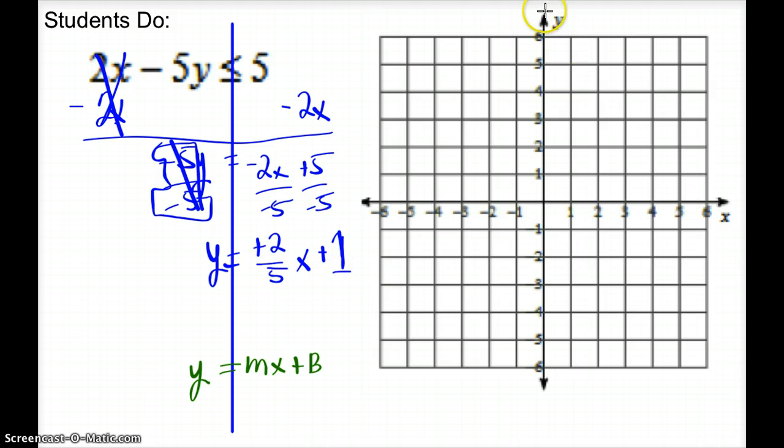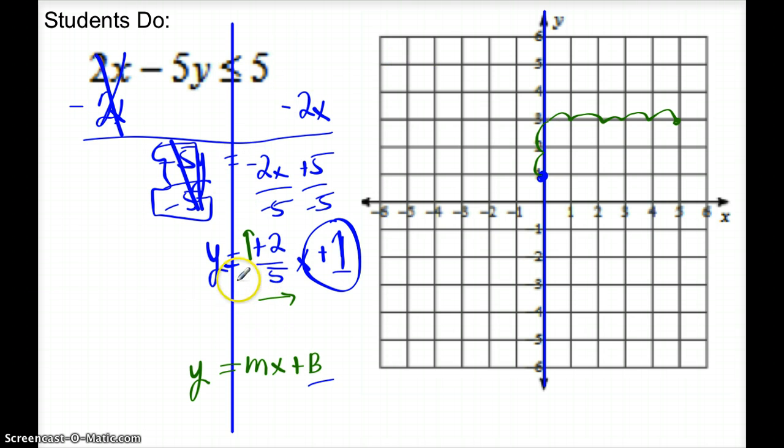That positive 1, our y-intercept, is our starting point. And our slope is up 2, over positive 5. Up 1, 2. Positive 5: 1, 2, 3, 4, 5.